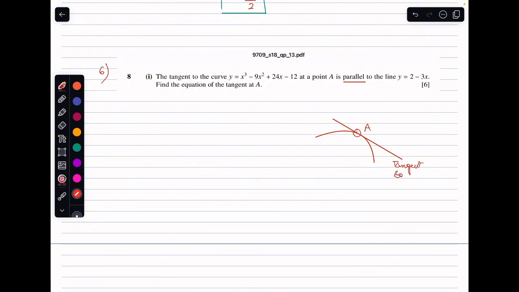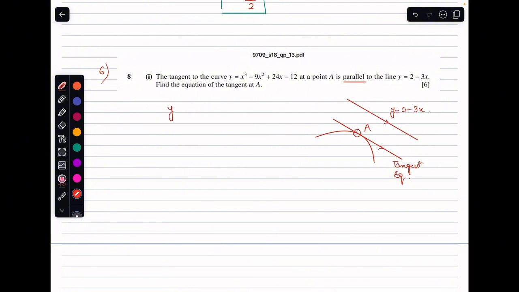So if this is the tangent equation that I need to find out, then another hint that I've been given in this question is about a line to which this tangent is parallel. So let's say this line was here, and the tangent and the line are parallel to each other. This is the line which is y equals minus 3x.